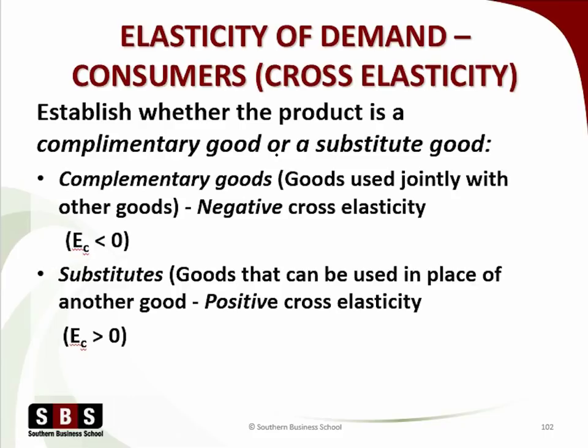And substitutes are where one is used in place of the other good. So you may be asked, in terms of cross-price elasticity, which products will be influenced by that? It's related back to complementary goods and substitutes.